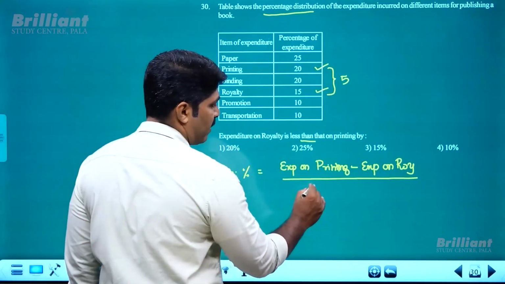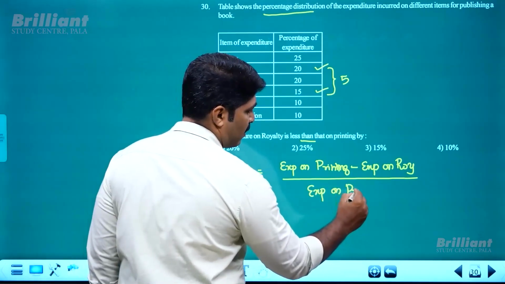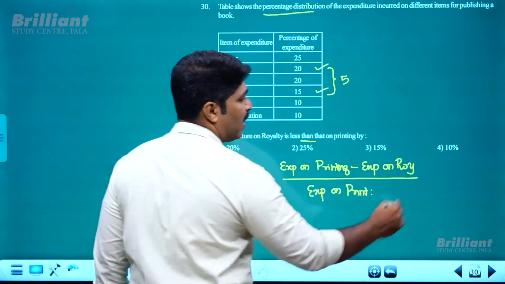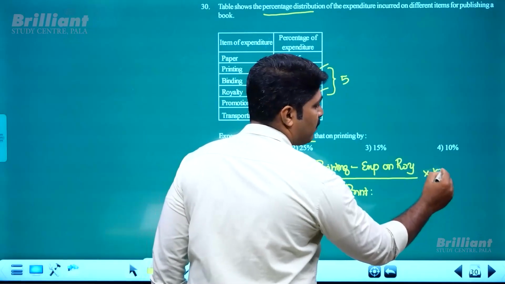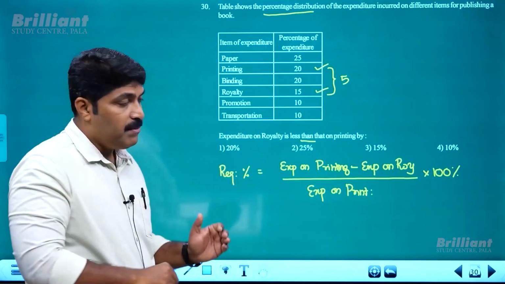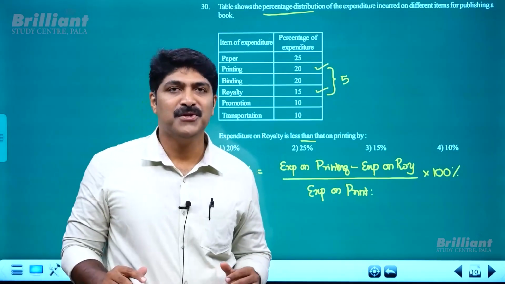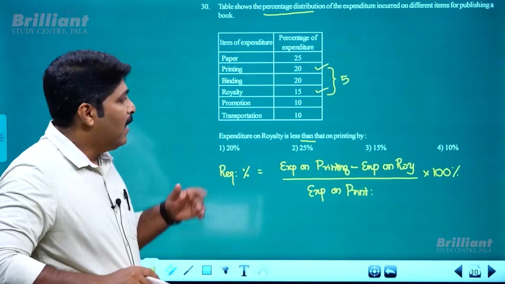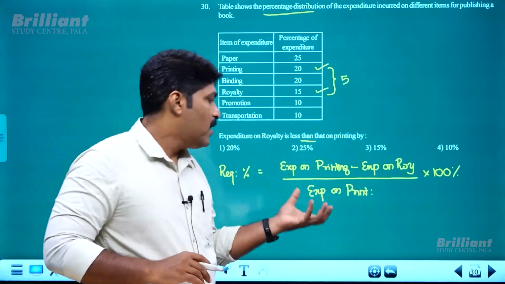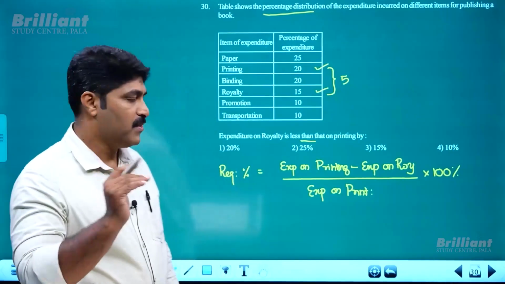Expenditure on printing, got it? Expenditure on printing into 100%. So this is the concept. Here the very important point is which will be the denominator. You have to create a clear picture about the denominator here. What comes immediately after than, that will be the denominator or base of this operation.